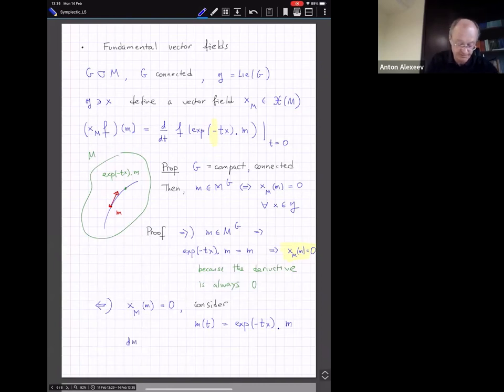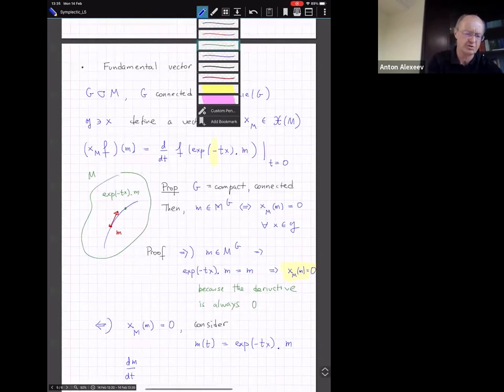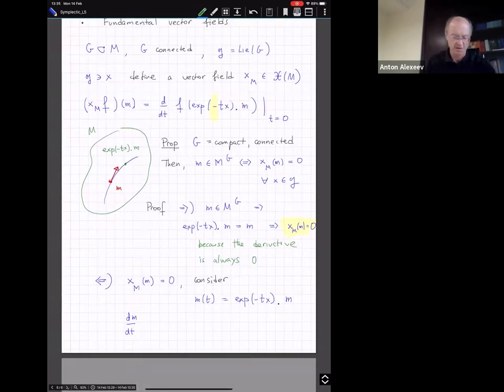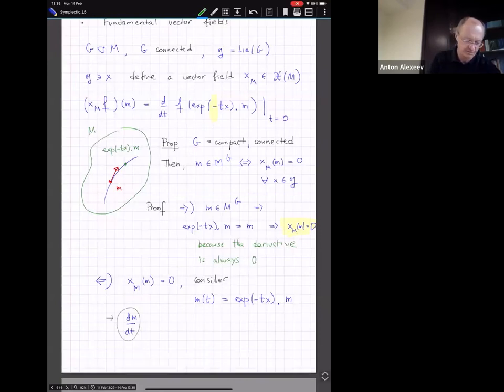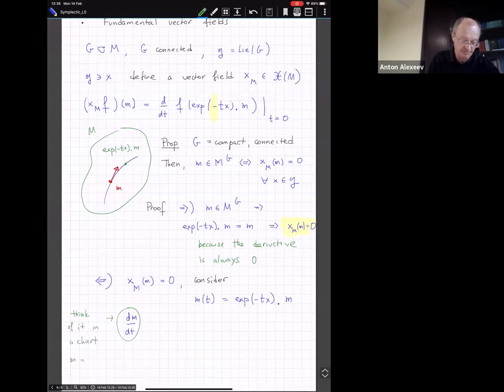And let's take a derivative with respect to t of that point. That's where I think I'm cheating a little bit on differential geometry. Here I would need to do something a little bit more sophisticated, but let's think of it in a chart. In a chart, m is just a set of coordinates. So I'm taking the derivative with respect to this parameter t. Now let me do the following.